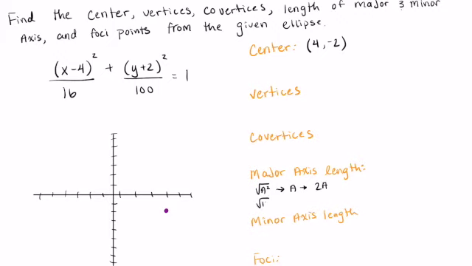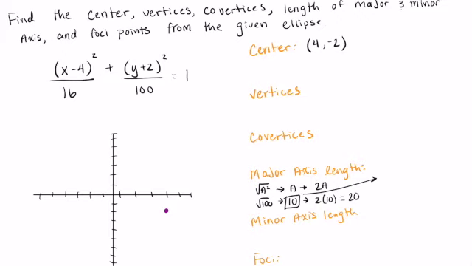So I have the square root of 100, which gives me 10. 2 times 10 gives me 20. So that's the length of my major axis. Now, the reason that's really helpful to me is because the value of a is the length from my center to one of my vertices.